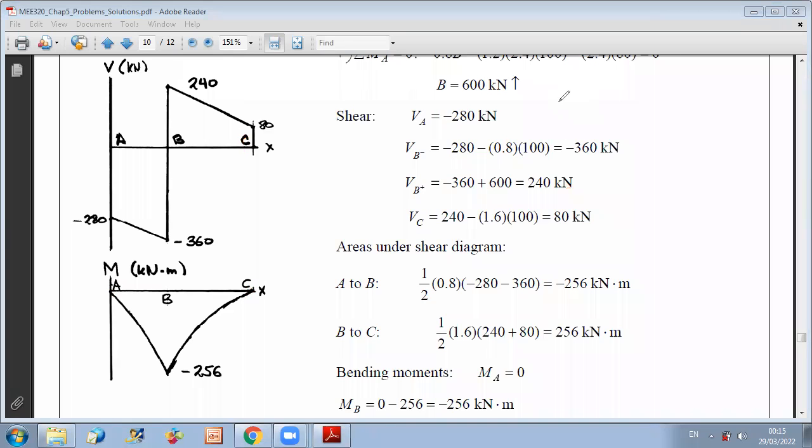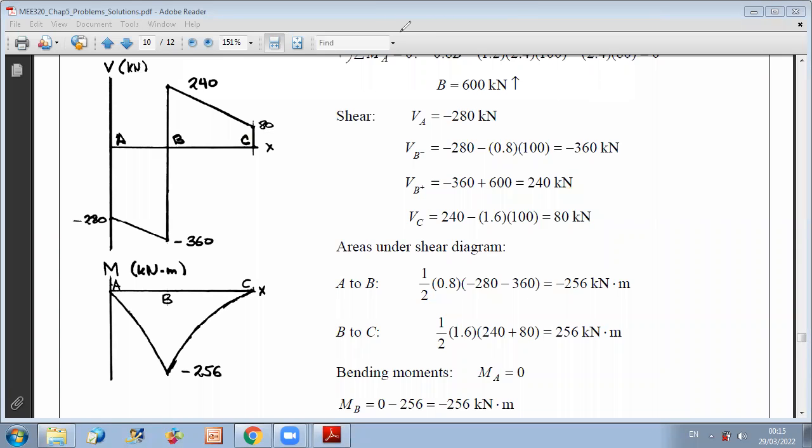Once we get the shear and bending moment diagrams, as we discussed, since we are dealing with a symmetric shape, we have c1 equal to c2, so we just consider the absolute value of the maximum bending moment, which is here 256.